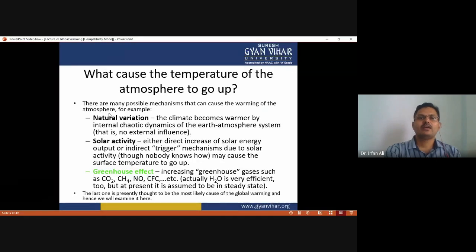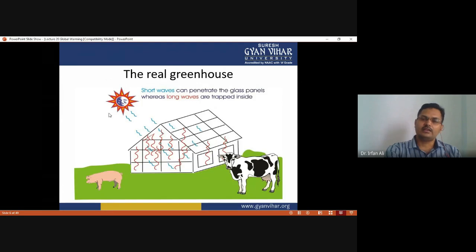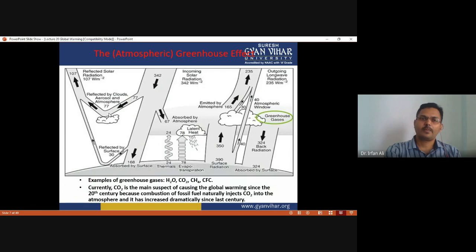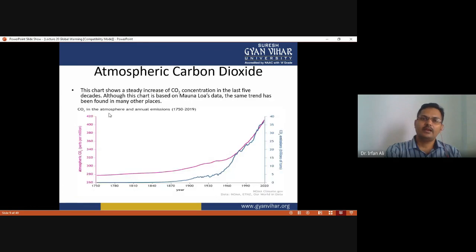Then the major causes that increase the temperature of the globe. Then the concept of greenhouse effect, then the atmospheric greenhouse effect, then atmospheric carbon dioxide continuously rising.